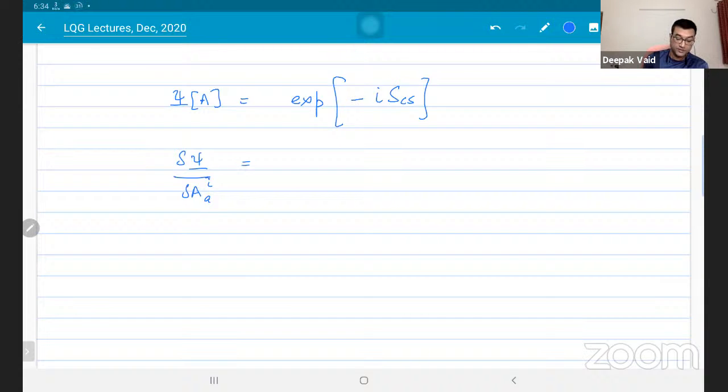You can write that as minus I delta S times psi of A. This is how you would take the functional derivative: you just bring the exponent down. And we know what this quantity is.